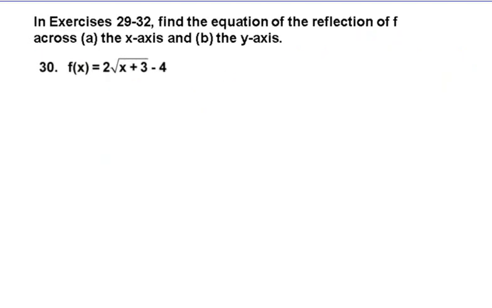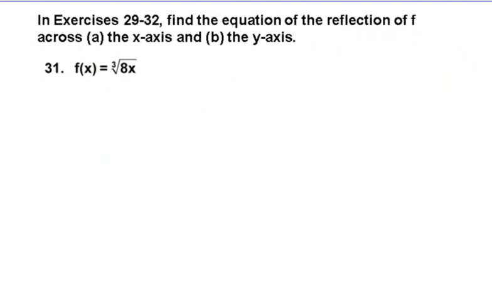Now the last one I'm going to do in this video lesson is number 31. We have the cube root of 8x, and so for A, reflected about the x-axis, g of x is equal to negative cube root of 8x.